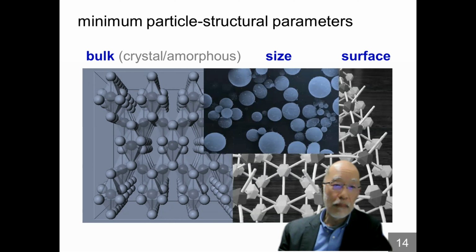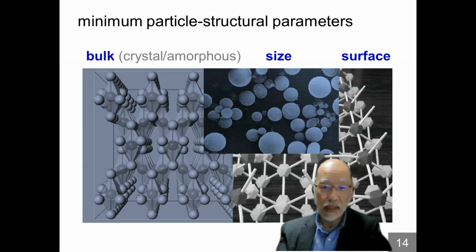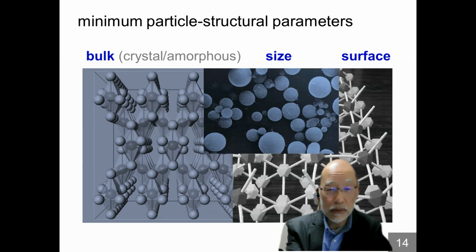So bulk structure, surface structure, and size are the minimal particle structure parameters. At least these three parameters must be determined to specify the particles. Without doing so, it is impossible to discuss the performance of particles.